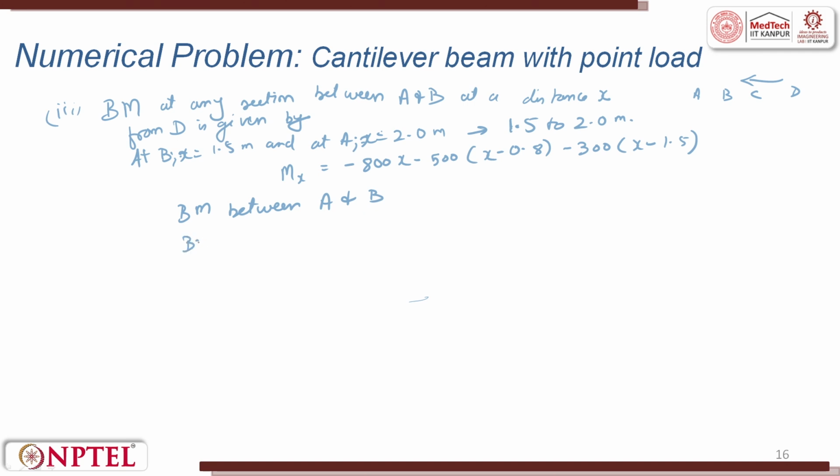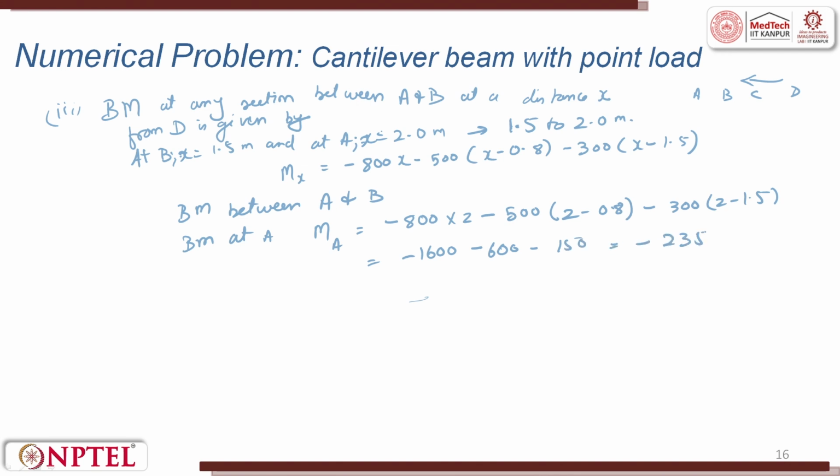The bending moment at A will be MA is equal to minus 800 into 2 minus 500 into 2 minus 0.8 minus 300 into 2 minus 1.5, which is nothing but minus 1600 minus 600 minus 150, which is nothing but minus 2350 Newton meter.